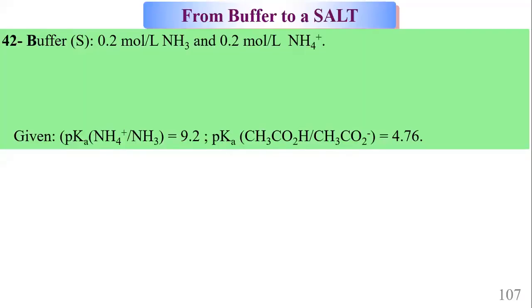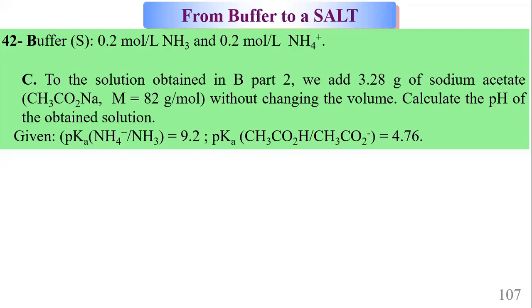Okay, and now part C of the same question. We still have the ammonia and ammonium. And part C says, to the solution obtained in part 2, which was, remember, when we added HCl at 200 milliliters, and that's when we only had leftover ammonium in my solution, we add 3.2 grams of sodium acetate.